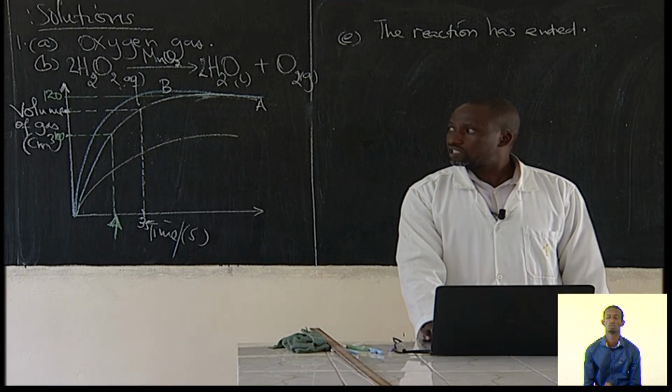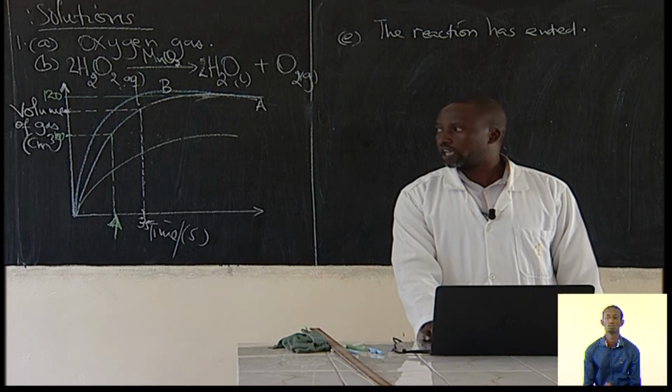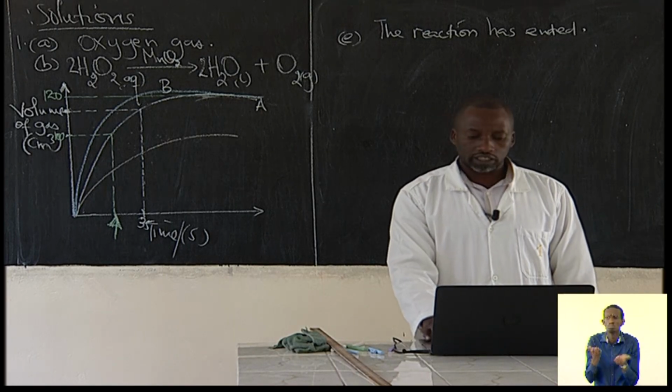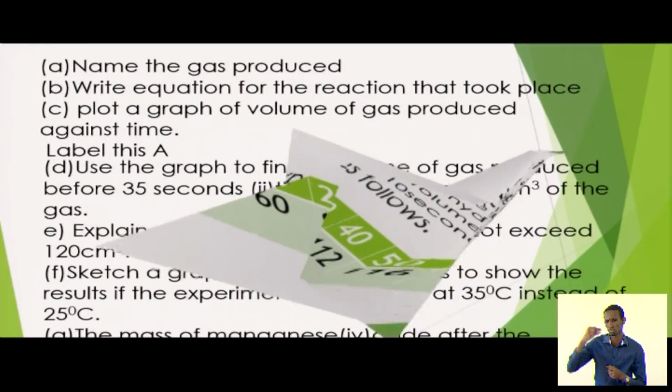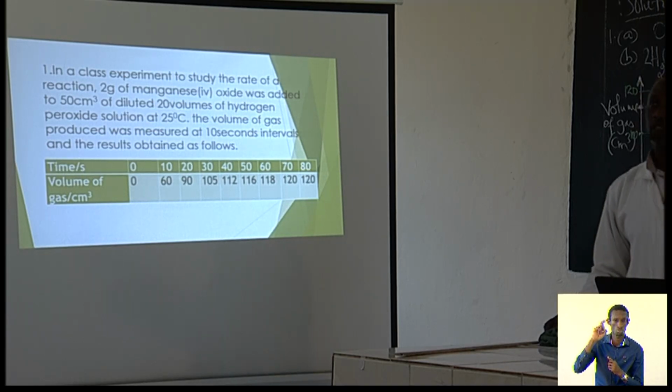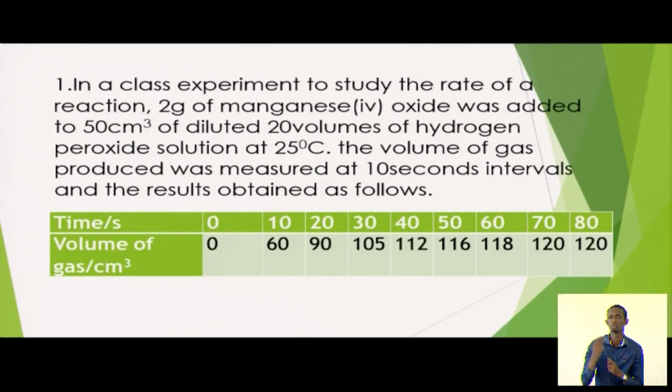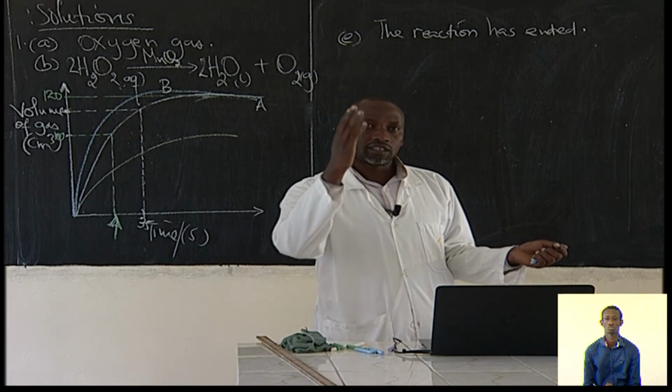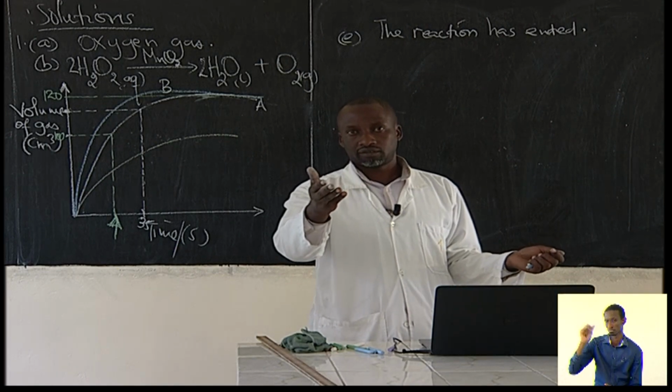So why is the mass of manganese 4 oxide remaining constant? This is the mass of manganese 4 oxide that we started with, 2 grams of manganese 4 oxide. And at the end of the reaction, the mass remained constant. Why? Manganese 4 oxide is a catalyst.